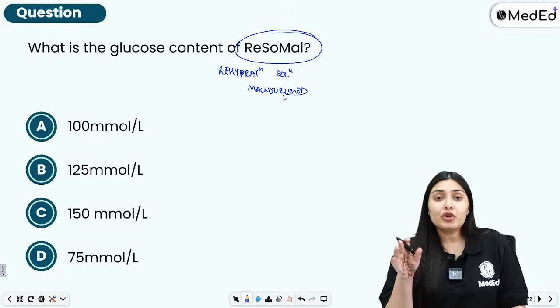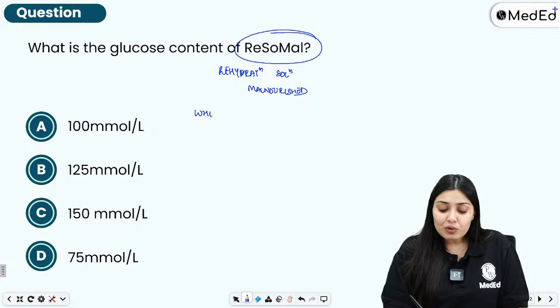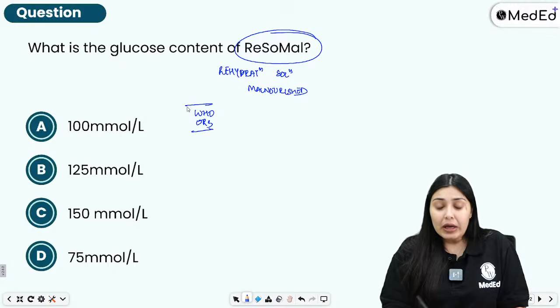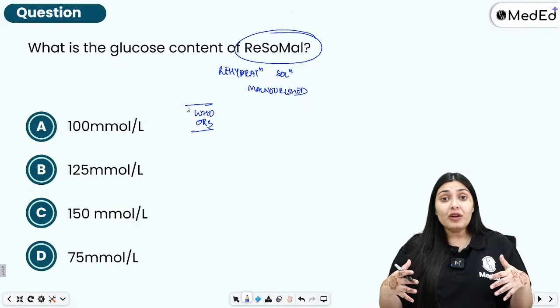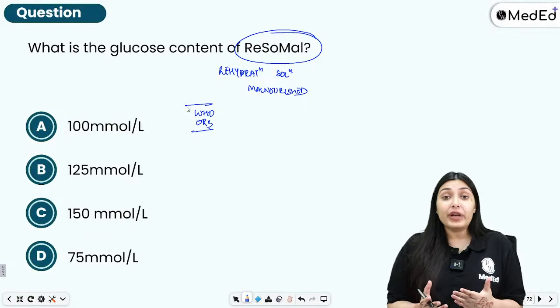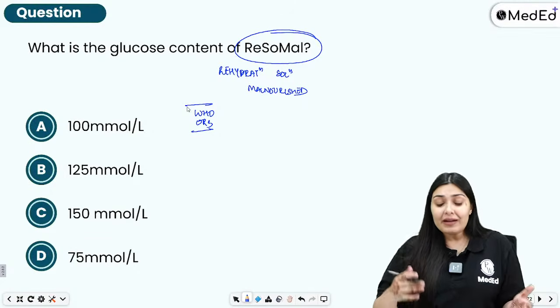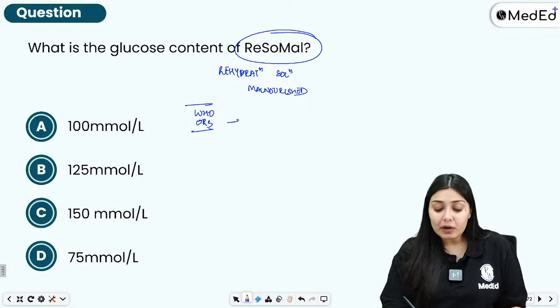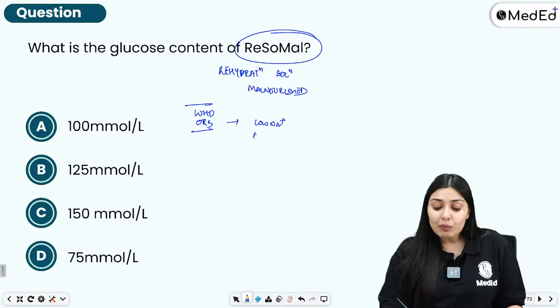So if the nutritional status of a child is good, we can give normal WHO ORS. But malnourished children essentially have a problem with handling of sodium. They can't handle too much sodium. So we need a replacement. We need low sodium. Also, these children are prone to hypoglycemia, so I need more glucose.